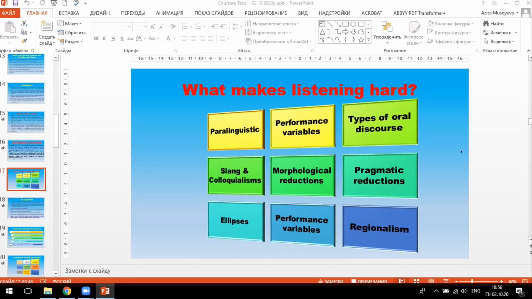So, okay, I again wrote here about performance variables. We already talked about it, and regionalism. So regionalism means... Do you mean ellipsis in the sentence? Yeah, please. When we leave out some words from the sentence, I think it is considered ellipsis.